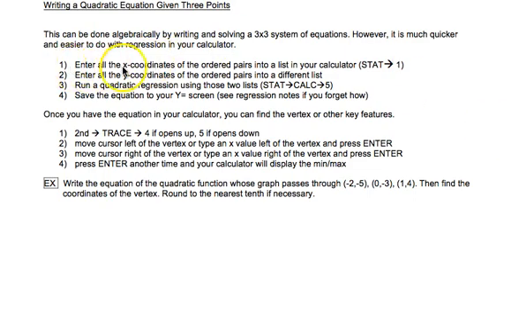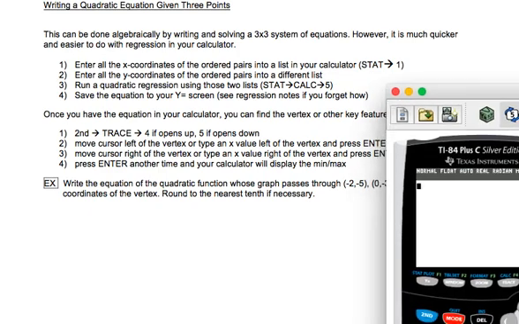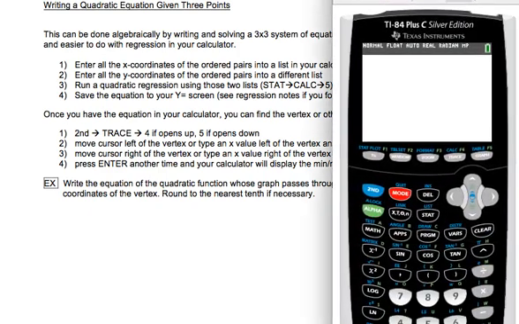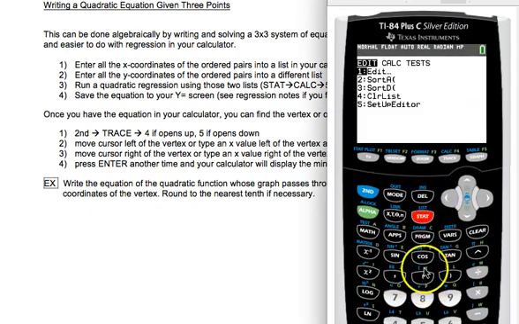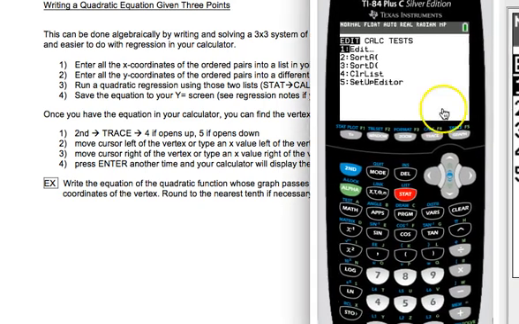It says step 1, enter all the x coordinates of the ordered pairs into a list on your calculator. Now, if you need to look back in your notes at more specific directions of how to deal with the list, we did that when I taught you how to do the scatter plots. But here I just kind of gave you hints to refresh your memory. So I go to Stat, and I'm going to choose choice 1.